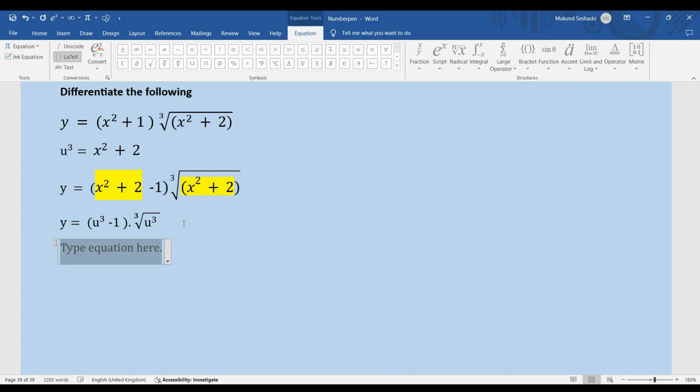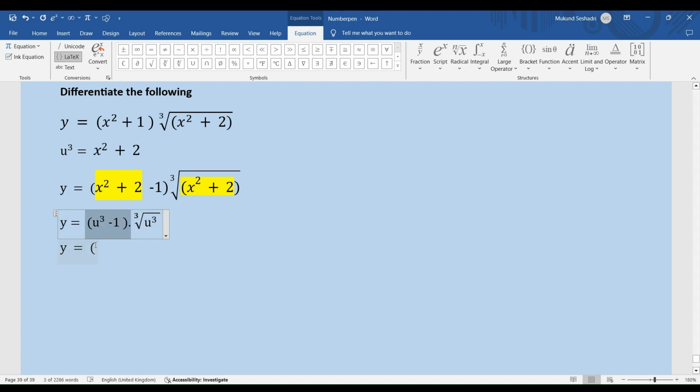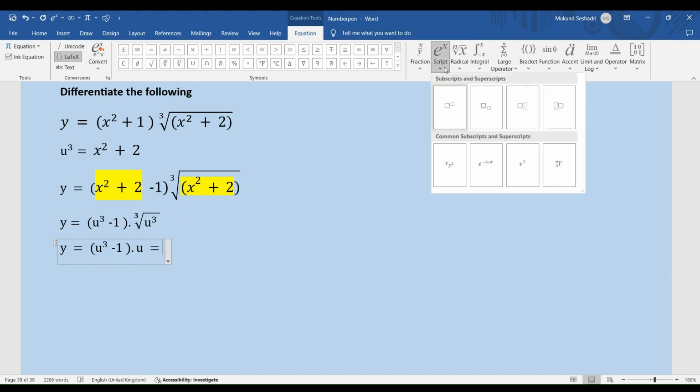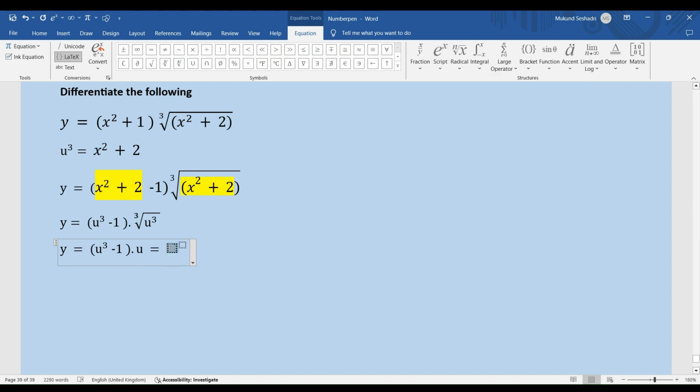And what is my y now? My y is u cube minus 1 into u, which becomes equal to u to the power 4 minus u, right?